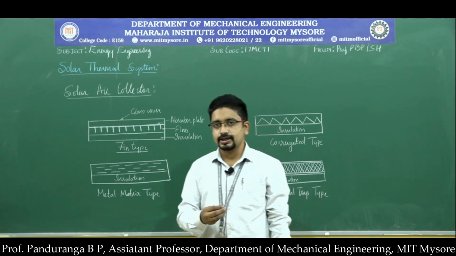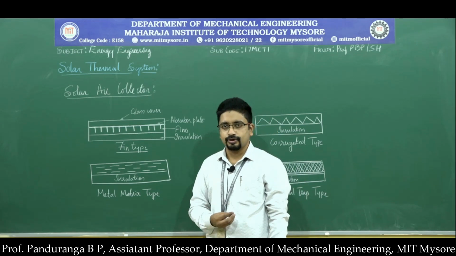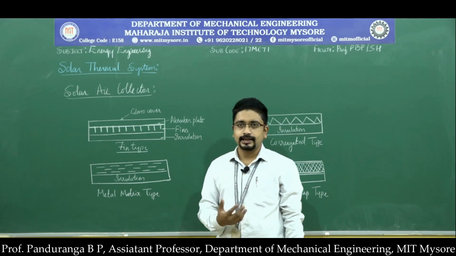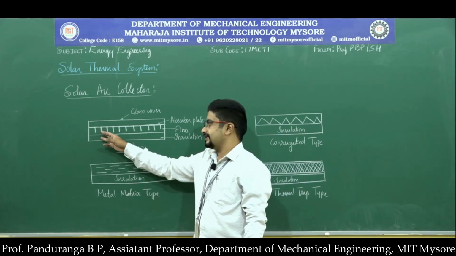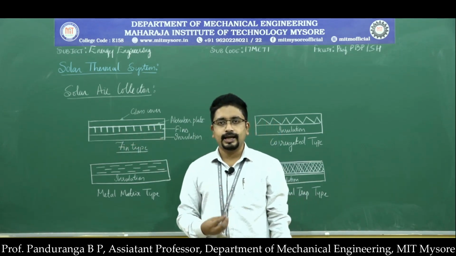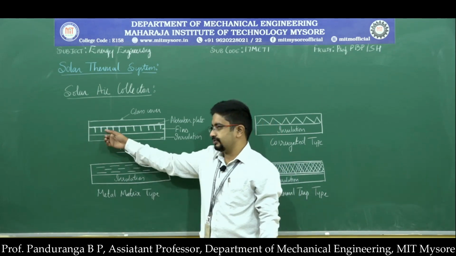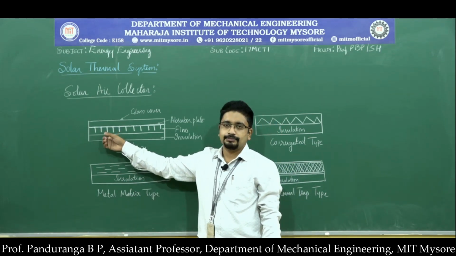And since we are using air here, the air has a very low heat transfer coefficient. So to increase the heat transfer rate, we are using fins here. The fins will help to increase the surface area, which increases the amount of energy transported to the air flowing at the bottom of the absorber plate.